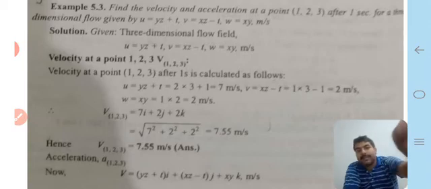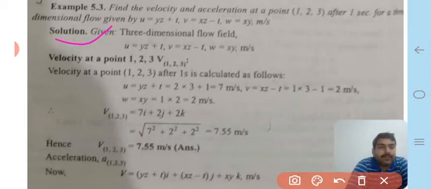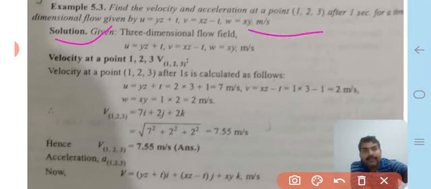Now we come to the solution. The flow field is a 3-dimensional flow, which is clear in the given question.